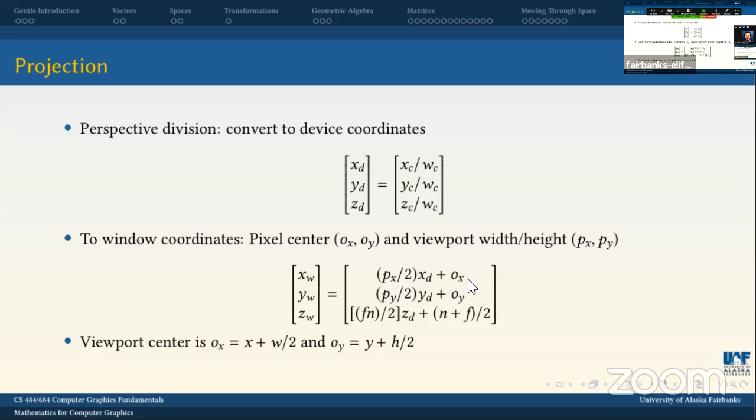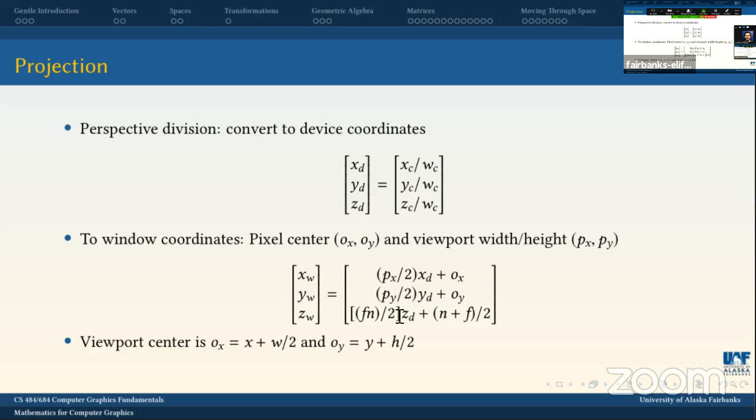So we're going from coordinates that go from -1 to positive 1 to 0, 0, and then say 1920 by 1080. This little equation over here will map that for us. And then this last one is going to map our Z coordinates so that they actually lie between 0 and 1. And that's what we're going to use for the depth buffer algorithm.